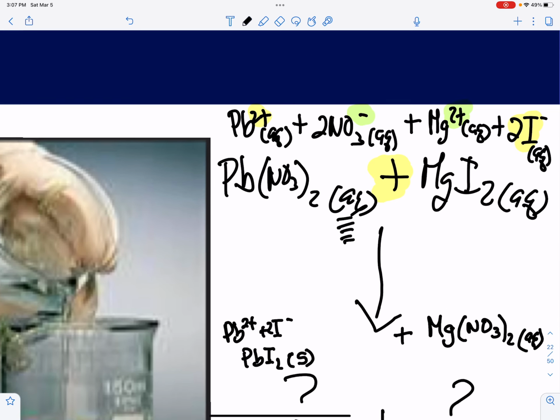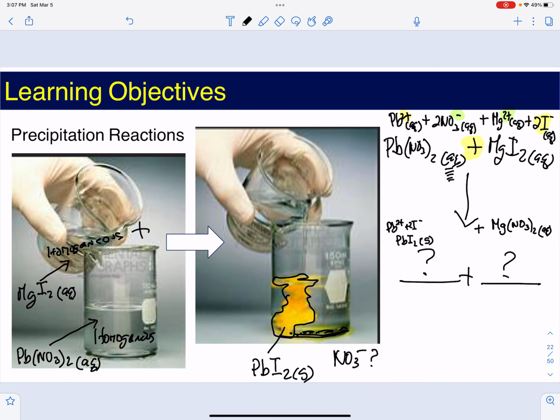So that's what's happening there. That's how you get the formation of the solid that we're talking about. So you're making a solid. So let's see how we can fine tune this. So what you're going to make then is lead iodide, which is a solid, and magnesium nitrate.